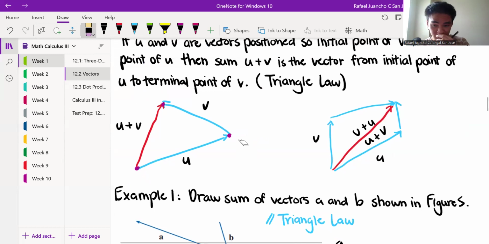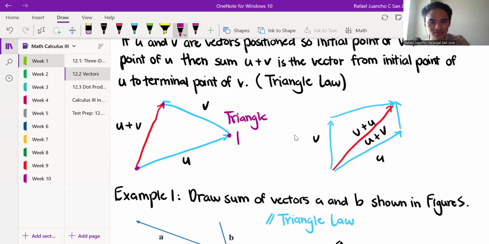So that's the idea. And another way of doing this is this way. So we start at u. Okay, wait. This is what we call the triangle law. I know, very original. Because it's a triangle. This is what we call a parallelogram law. Which is also very original.